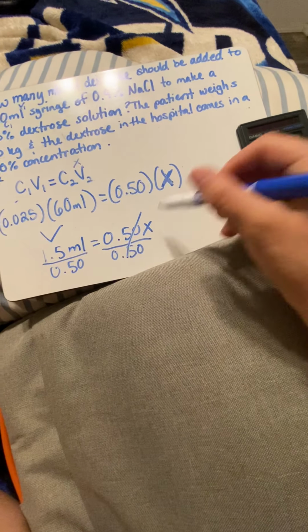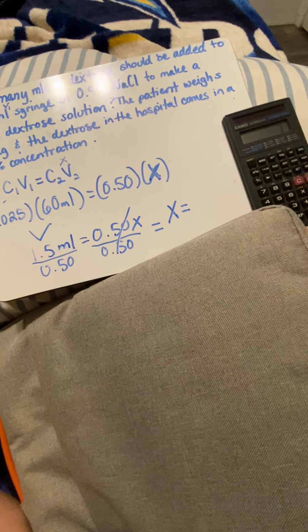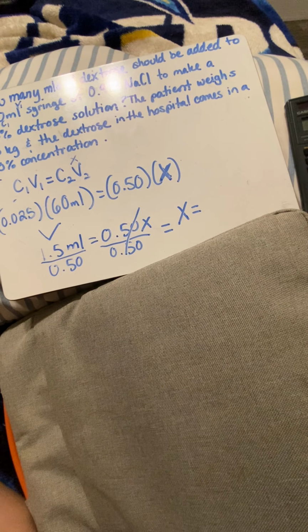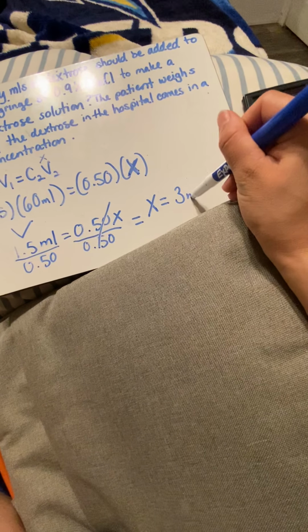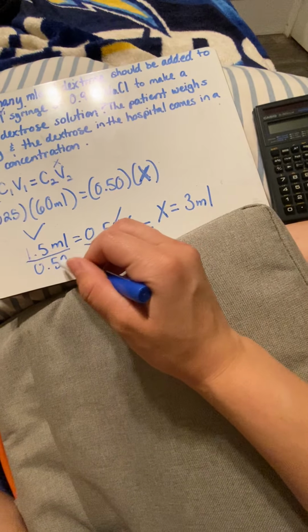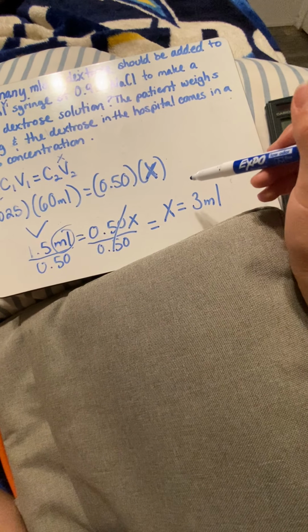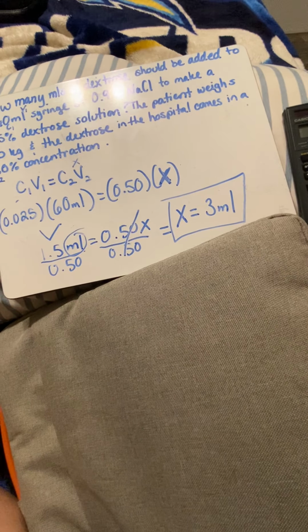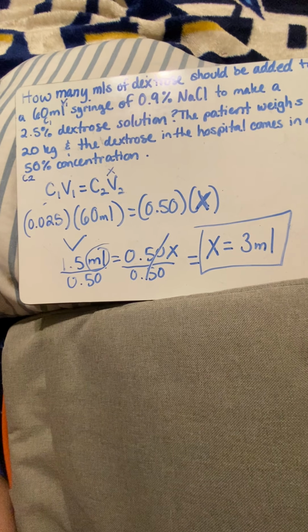This cancels out, so now my X, 1.5 divided by 0.5, is 3 mLs, because my mLs follow me. Okay, so there's my final answer. I will go ahead and show you the shortcut, how I kind of do things.